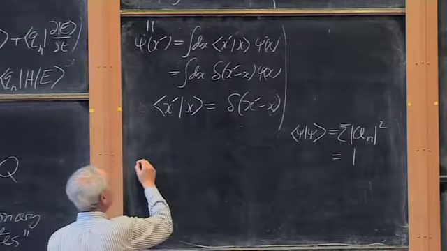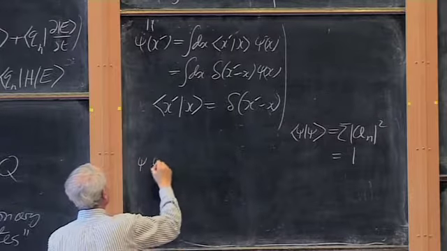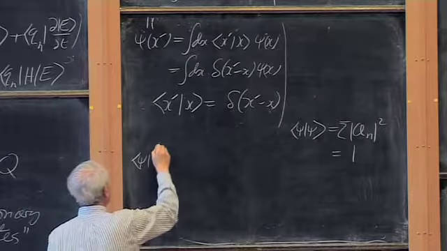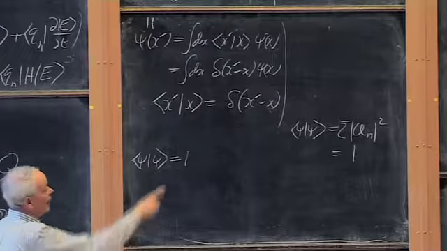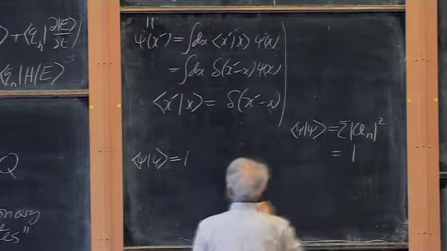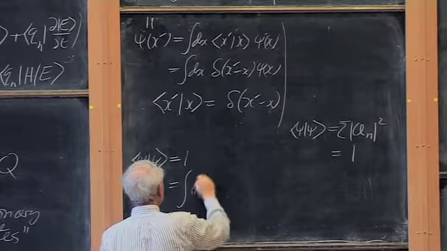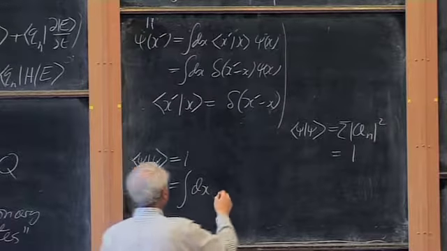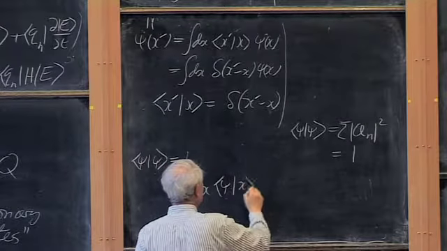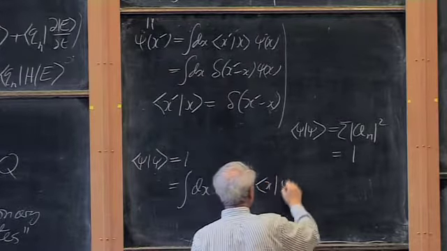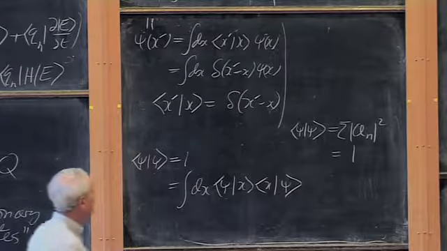This relation here turns into psi psi should be 1, and how do we express it like this? We say that this is the integral dx of psi x psi.